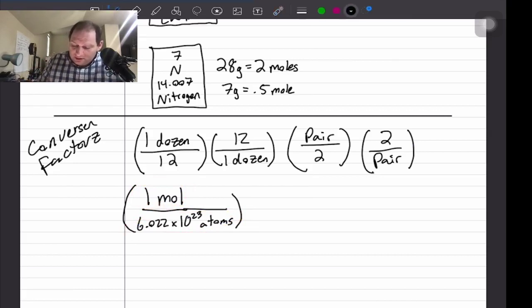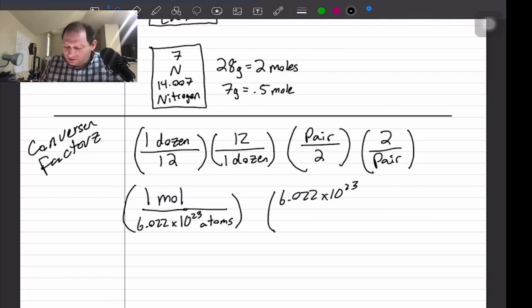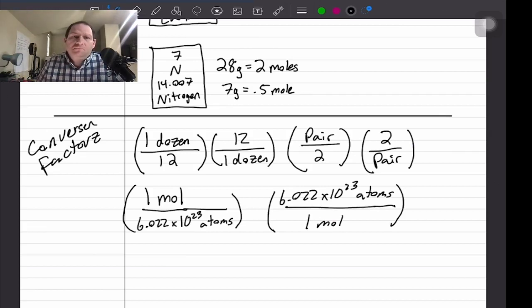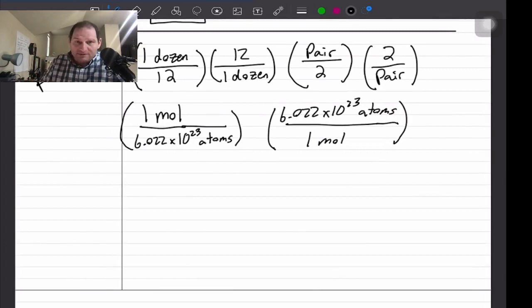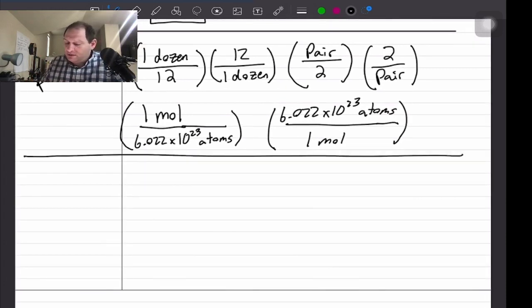Just as if I said 6.022 times 10 to the 23 atoms is also equal to 1 mole. Nothing new. So we're going to use these conversion factors to our benefit. I'm going to leave that up there so we can use those in a second.